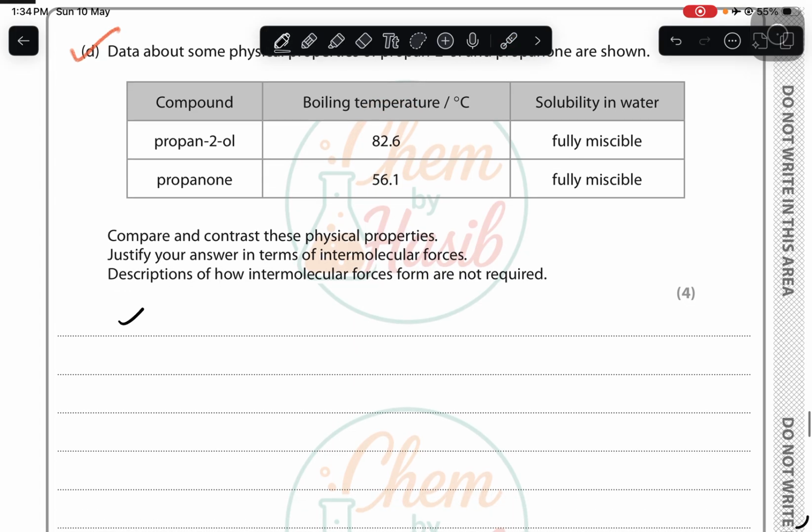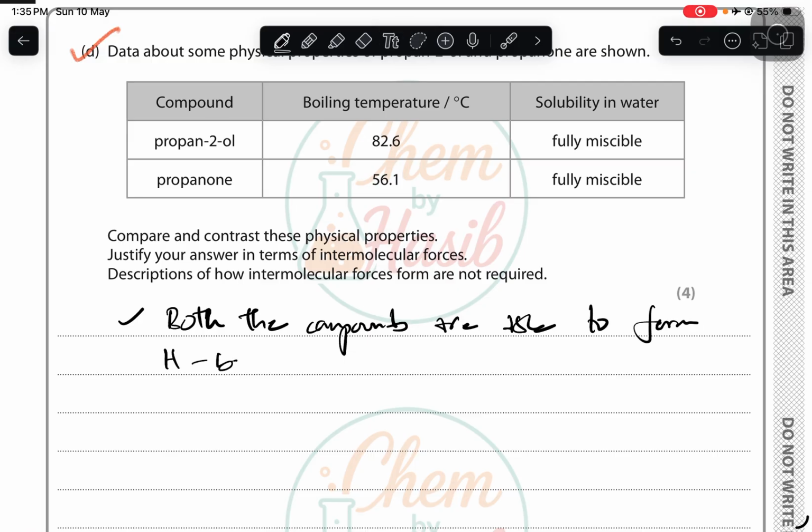that both the compounds are able to form hydrogen bonds with water. Both the compounds are able to form hydrogen bonds with water, right?